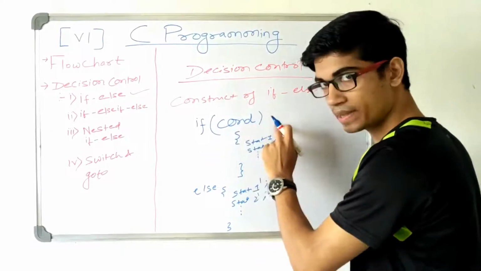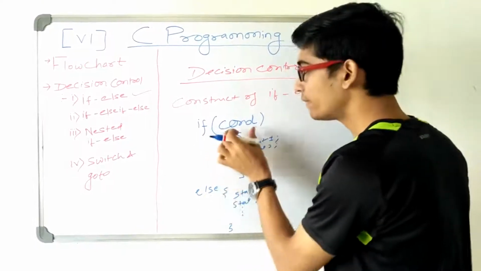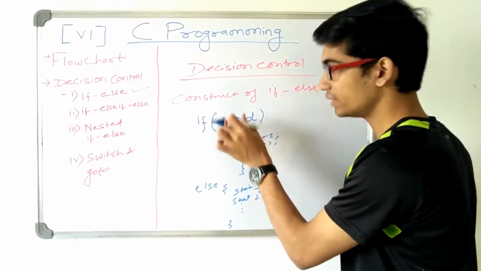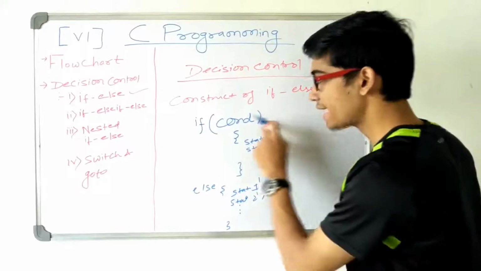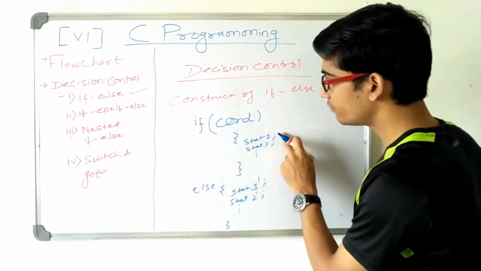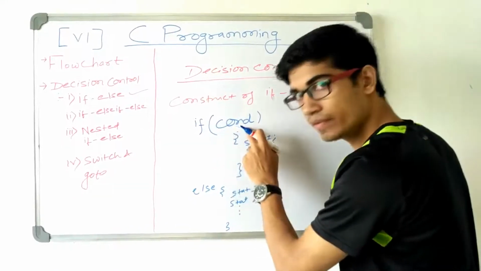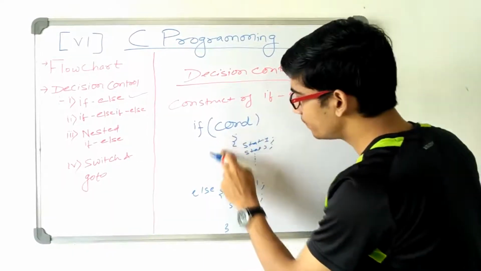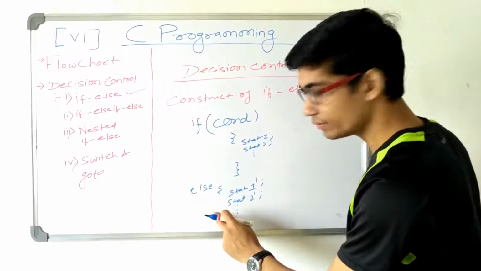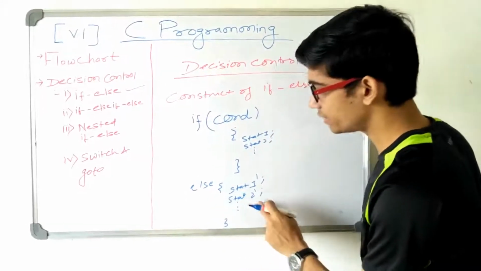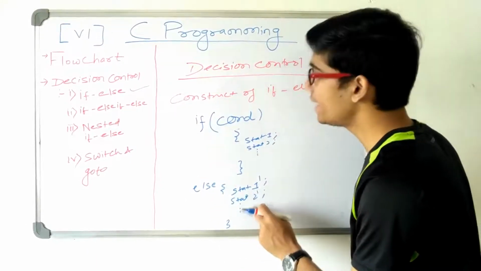We will see from an example how we check the condition, but for now assume there is some condition. If this condition is true, then only this if block statement will be executed. This is statement 1, statement 2. If this condition becomes false, then the if block statements will not be executed, and the else block will be executed, the statements under the else block.